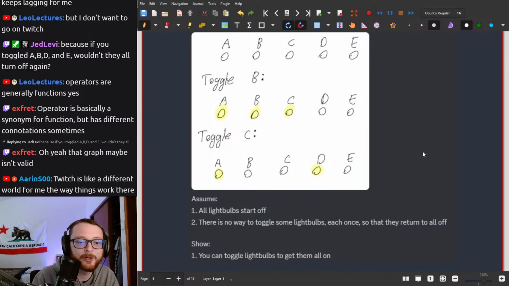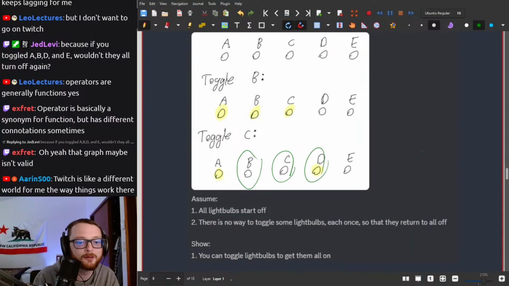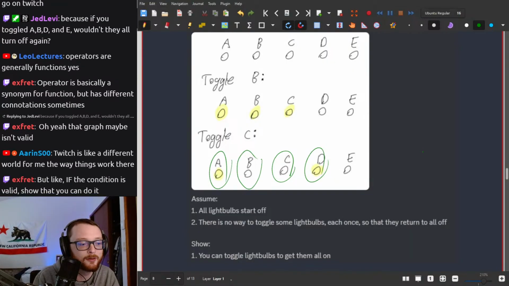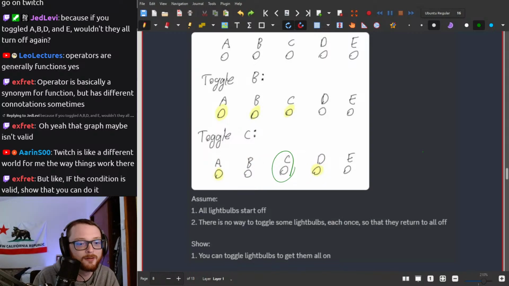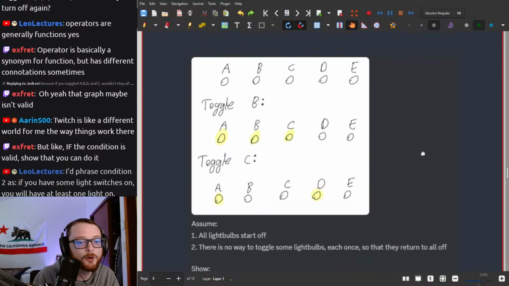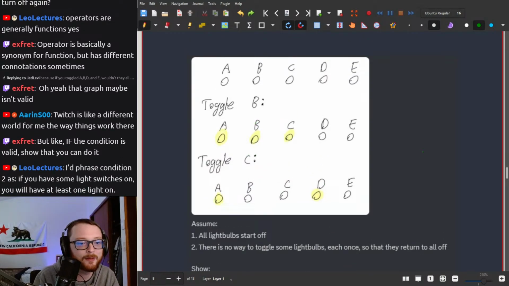Maybe I'm still not understanding. If we toggled C, I thought that it would have to toggle B and D, but then it could also do A. Wait, oh no, it did. I'm sorry, I wasn't looking at the progression. Never mind.